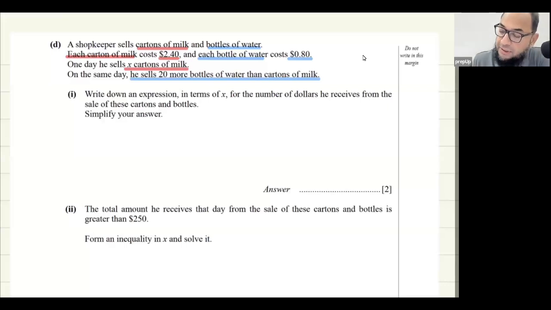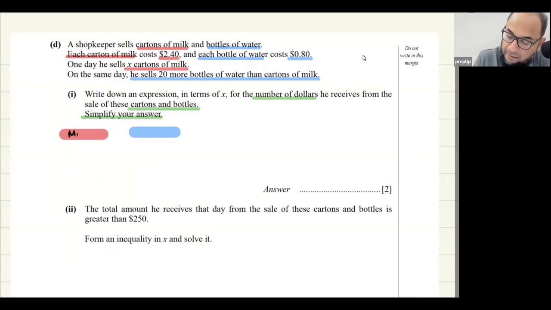Write down an expression in terms of X for the number of dollars he receives from the sale of these cartons and bottles. Simplify your answer. Now, first of all, I'm using this red color. This is for milk and this is for water. So there is milk, there is water.